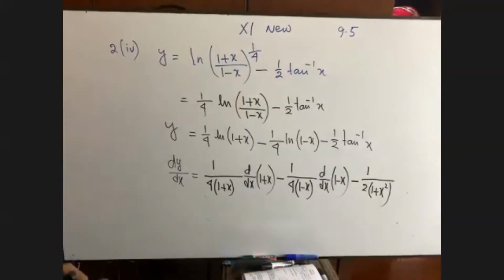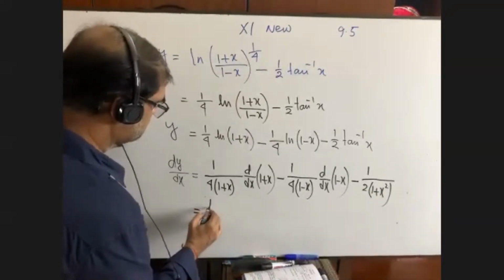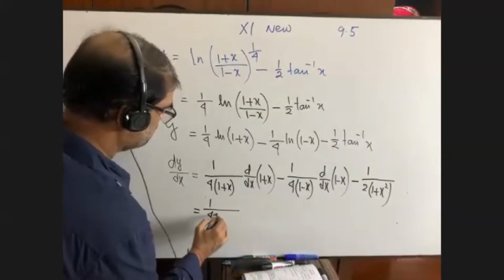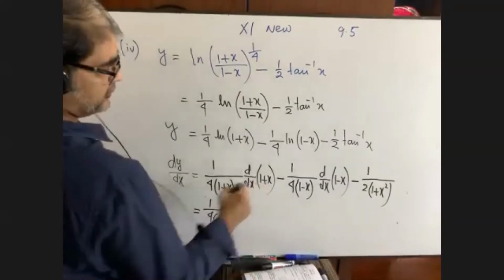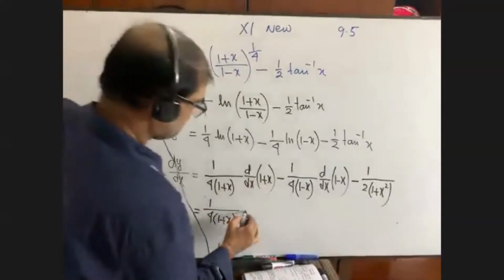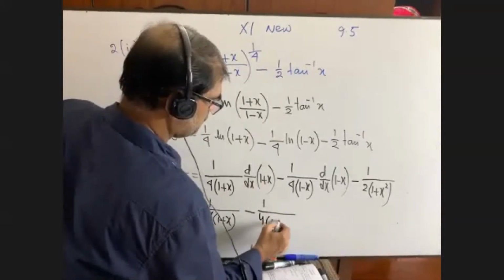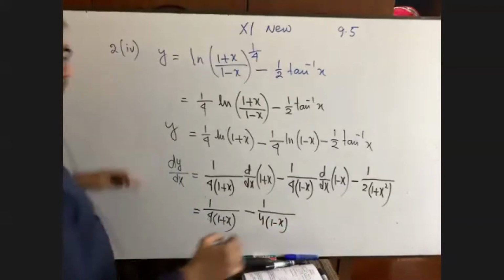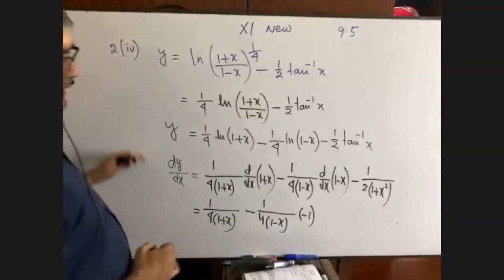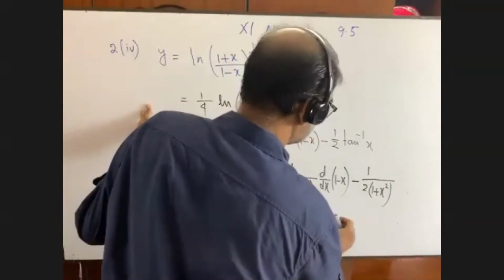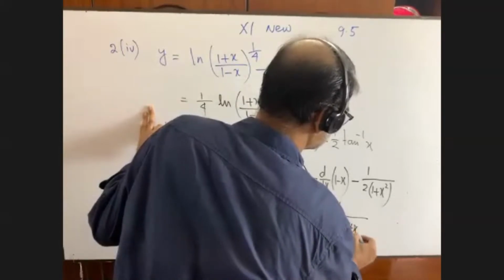We are done, right? That means 1 by 4 times 1 over 1 plus x; derivative of 1 is 0, of x is 1, nothing to do. Minus 1 by 4 times 1 over 1 minus x; derivative of 1 is 0, of minus x is minus 1. And it is minus 1 by 2 into 1 plus x square.